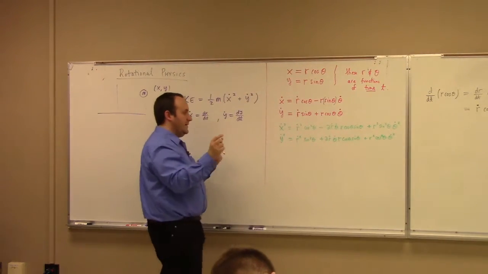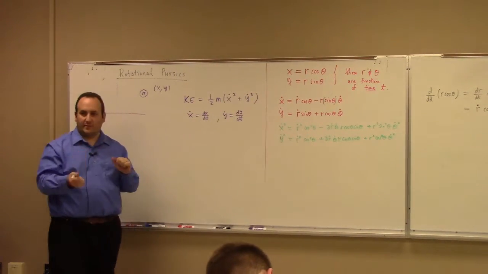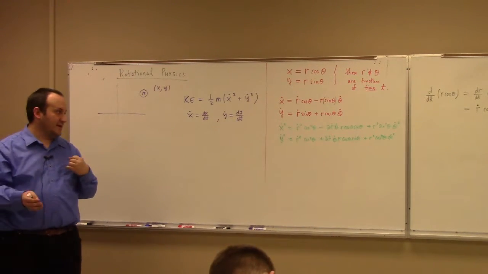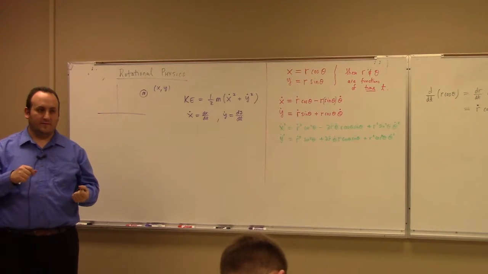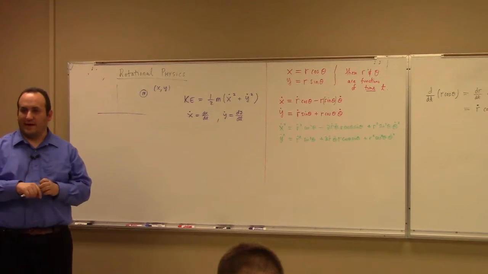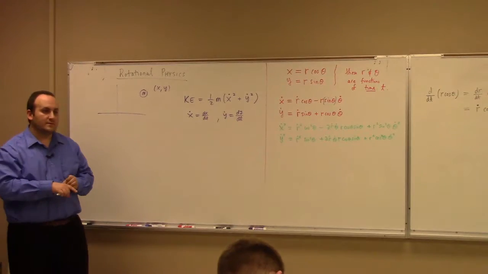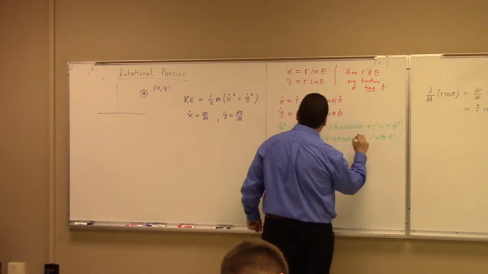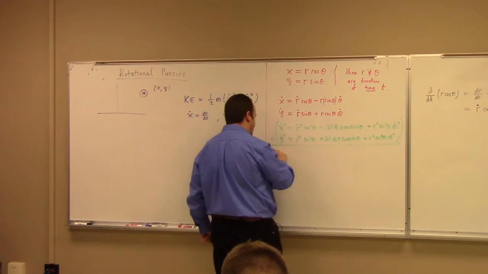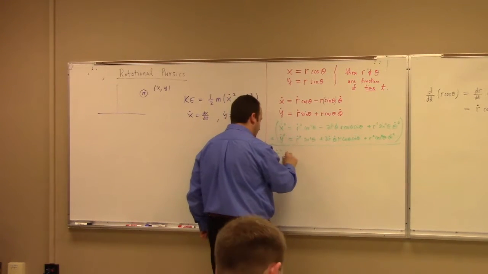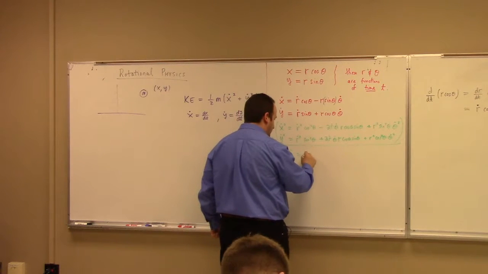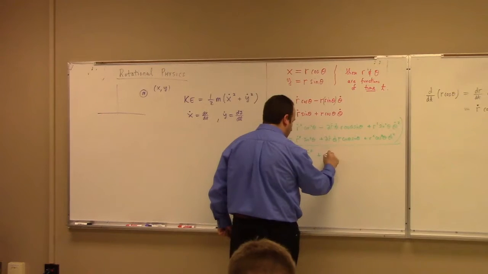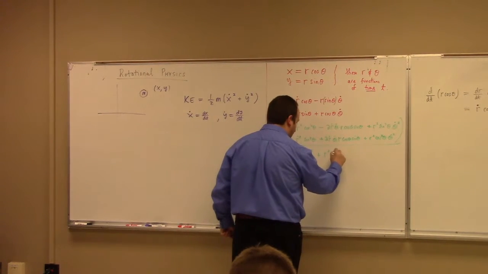It's just in the middle, the cross term has got a plus instead of a minus, and you've got a sine squared where you had a cosine squared, and you've got a cosine squared where you had a sine squared. But that's really good news. What happens when we add these equations? Everything cancels, except the stuff that doesn't cancel. It seems somewhat tautological. Let's see here. x dot squared plus y dot squared is equal to r dot squared plus r squared theta dot squared.